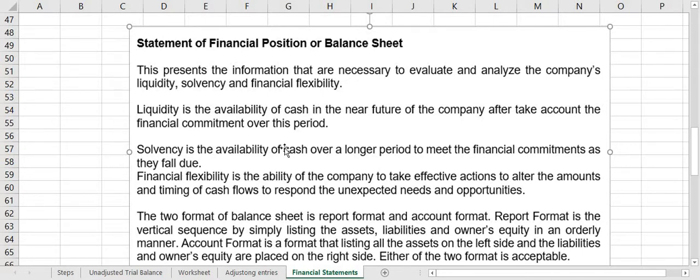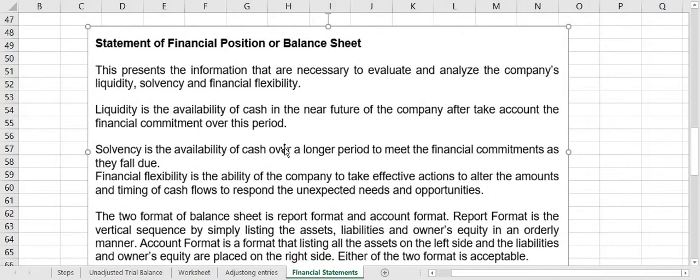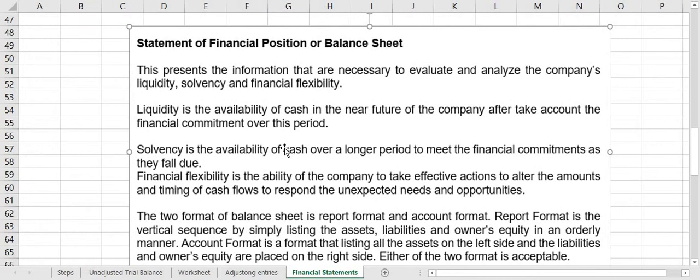It talks about the ability of the firm to pay its maturing obligations.